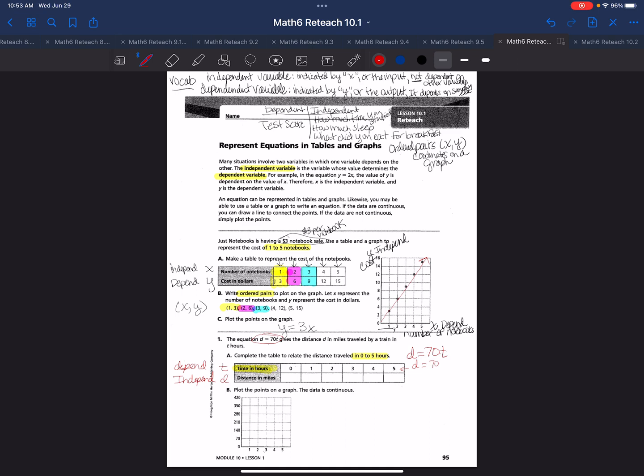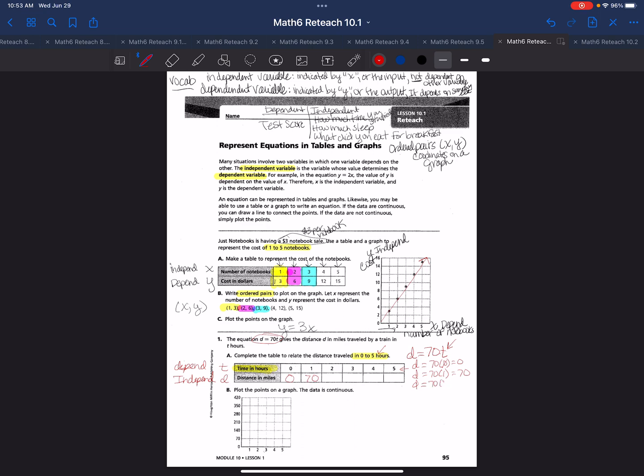So I do 70 times 0 is 0. So that would be D. Then I do 70 times 1 is 70. So that's how I fill in the chart. I use this equation here, and I plug in the values that they tell me to. And then I just keep going.